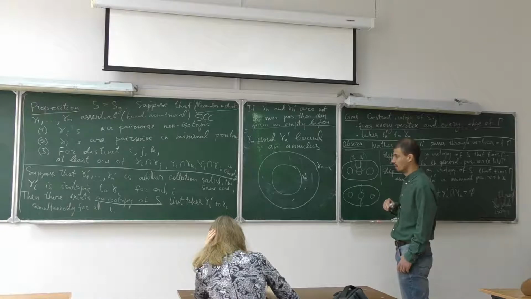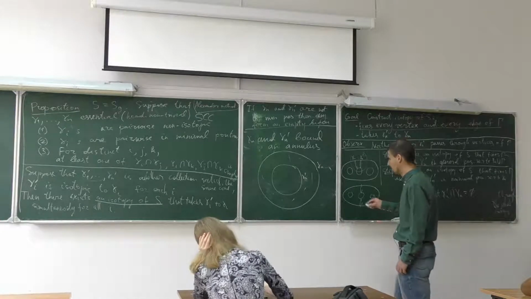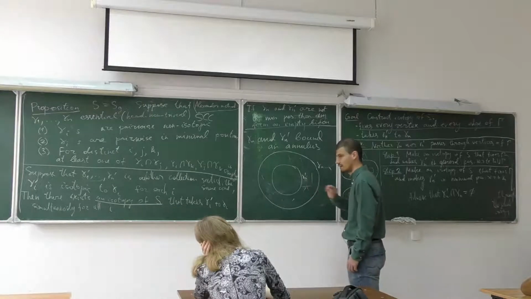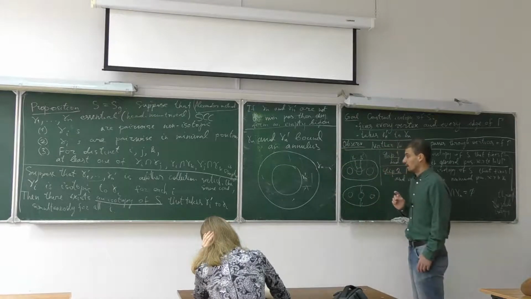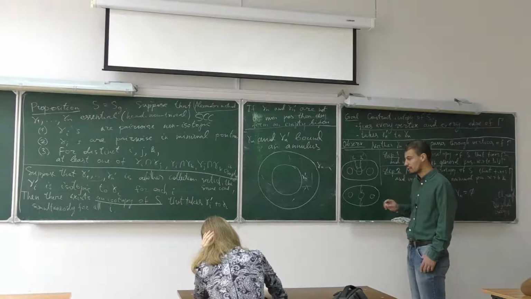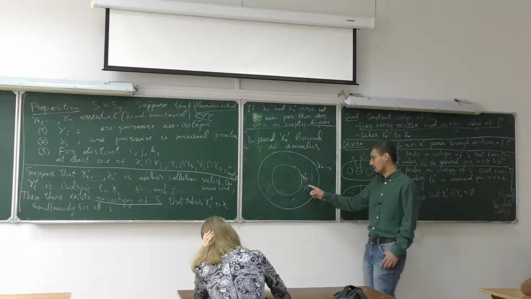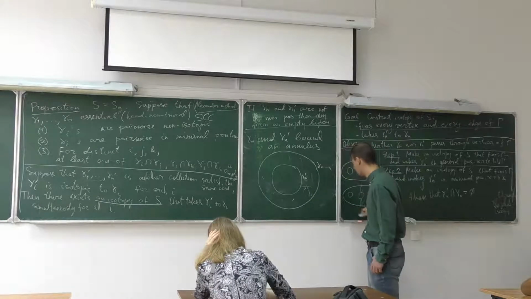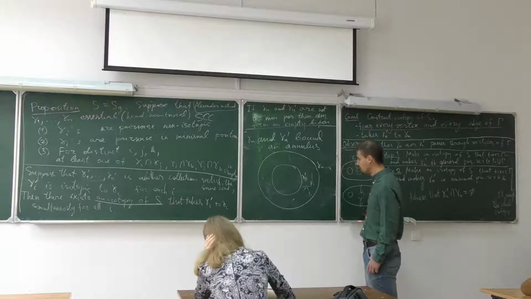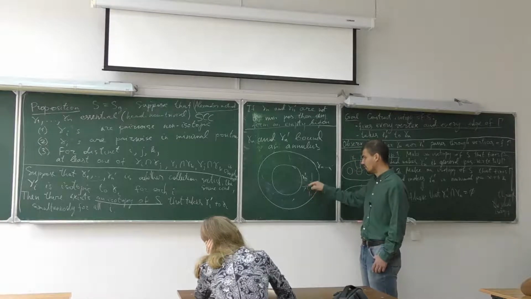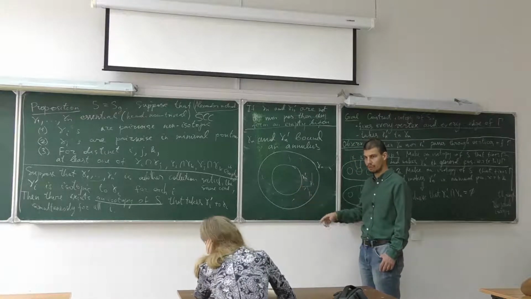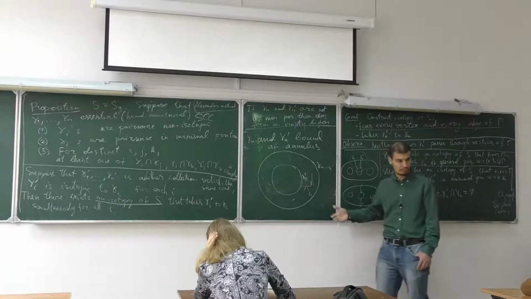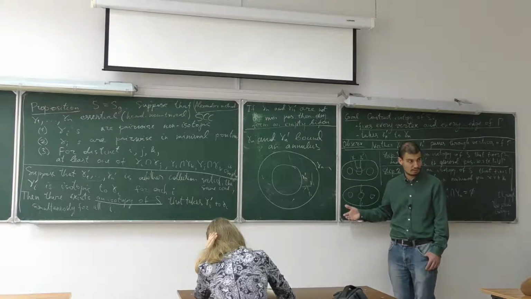Is it possible that we have a vertex here? If we have a vertex here, then again, if we have some gamma i and gamma j, and both gamma i and gamma j intersect the boundary, either gamma n or gamma n prime, then we come to a contradiction as in the previous case.